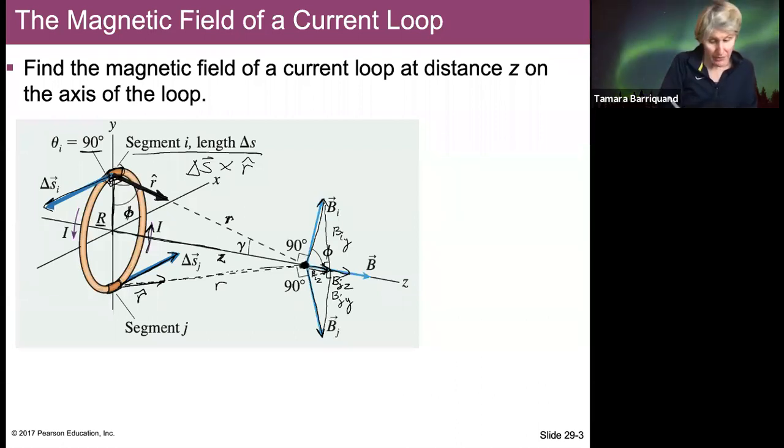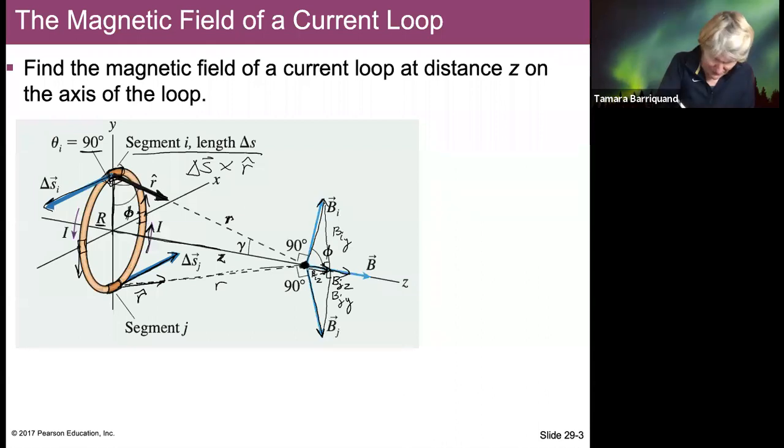And if we do any other segments, let's do the segments over here where the current would be pointing directly in the positive Y direction here and the negative Y direction over here, we would notice that they will only have an x component, but those x components will cancel. And the only thing that will add will be their z component. So for any segment along our loop, the only component that we will keep is the z component.